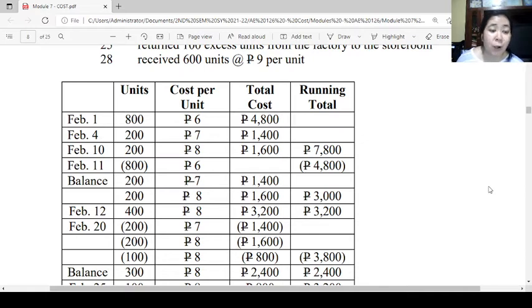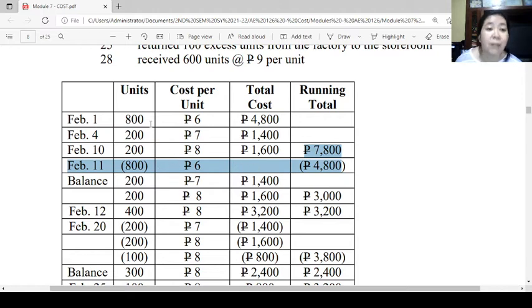So we have here the columns for the date, for the units, cost per unit, total cost, and the running total. Okay, so the first items here were our beginning inventory and those which were received, with their corresponding unit cost. So we have here the total. Okay, and then on February 11 we have the issuance.